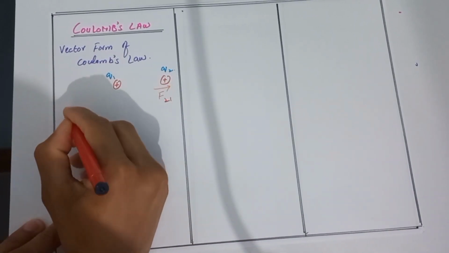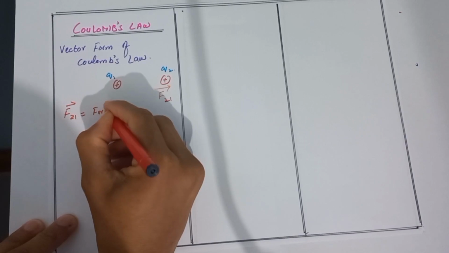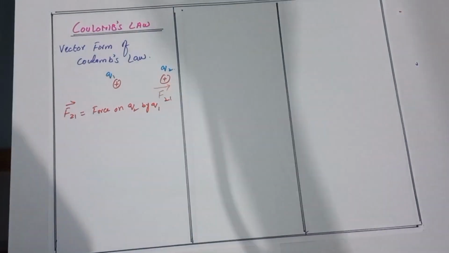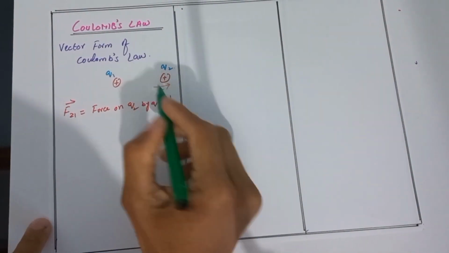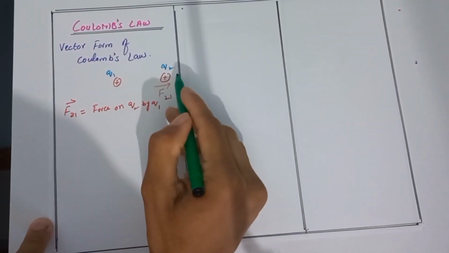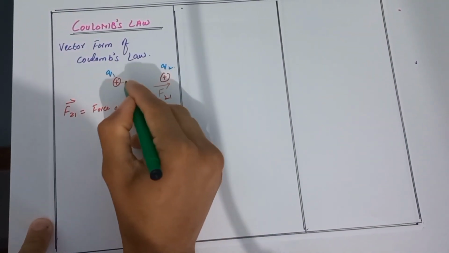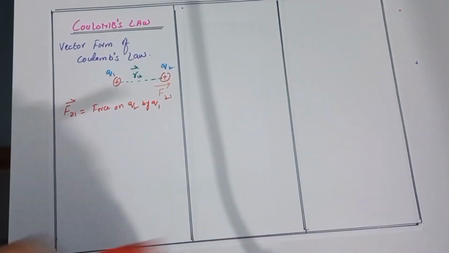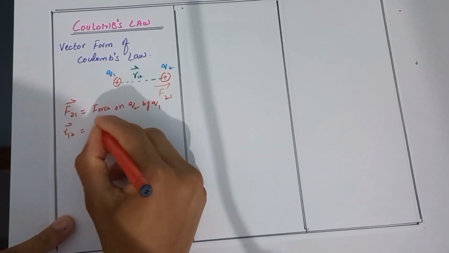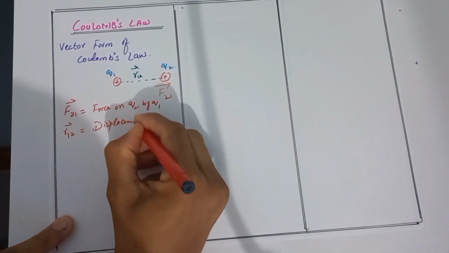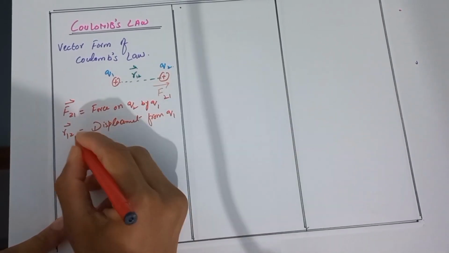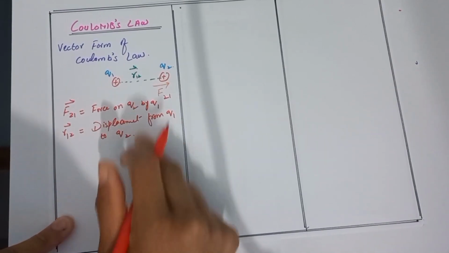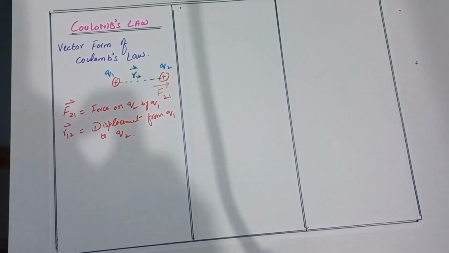So F21 is the force on Q2 by Q1. Due to this force, the charge is displaced away from Q1. I call this displacement R12, so R12 is the displacement from Q1 toward Q2.